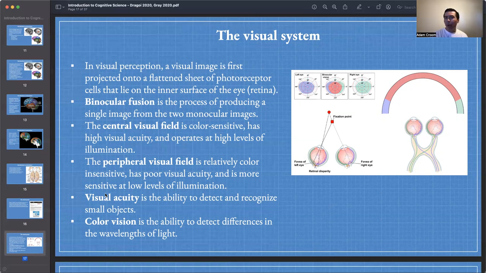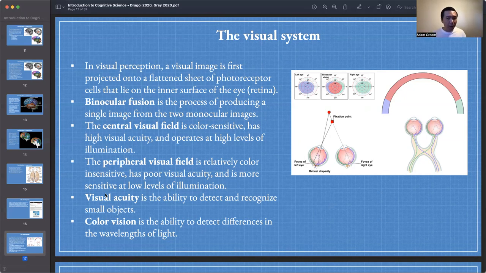So binocular fusion is the process of producing a single image from the two monocular images. And again, this is super fascinating that our experience of the world is integrated and unified and not broken up piecemeal like it maybe should be, given that we have a blind spot, areas of vision that we can't see.